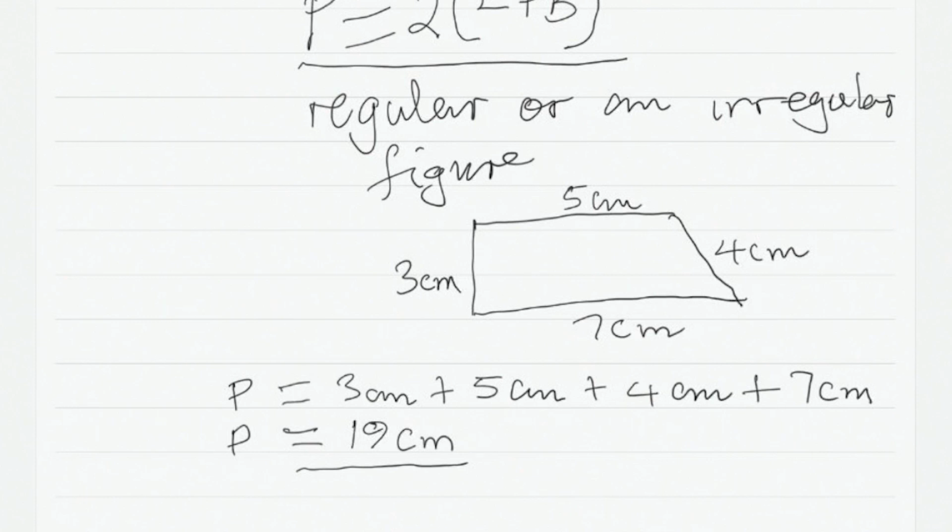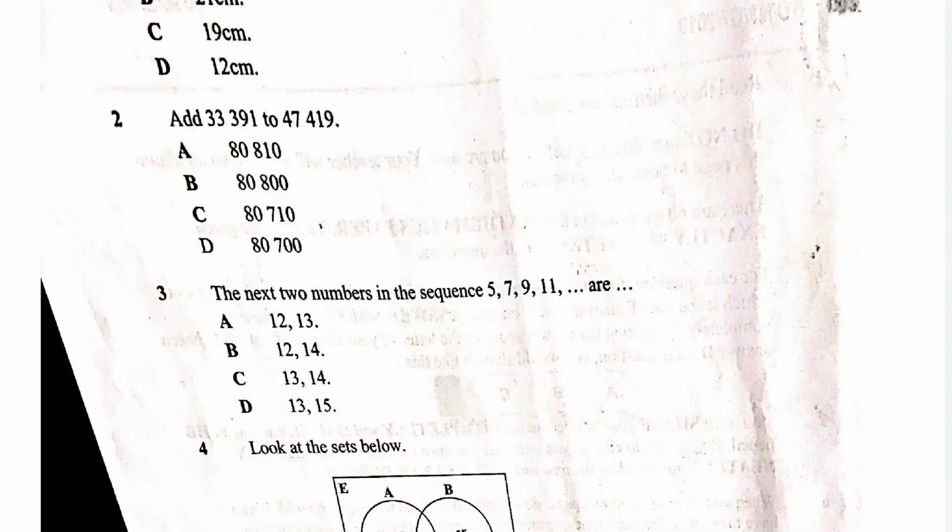I'm sure that is okay. We move on to the second question. The second question says, add 33,391 to 47,419.